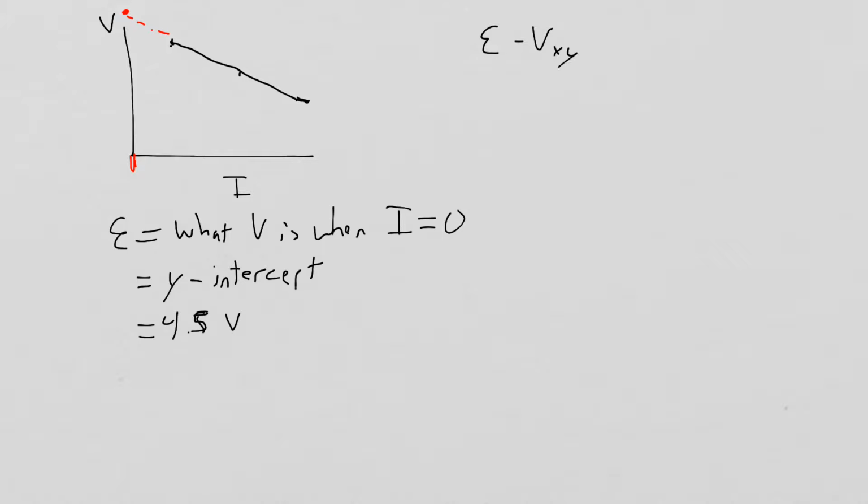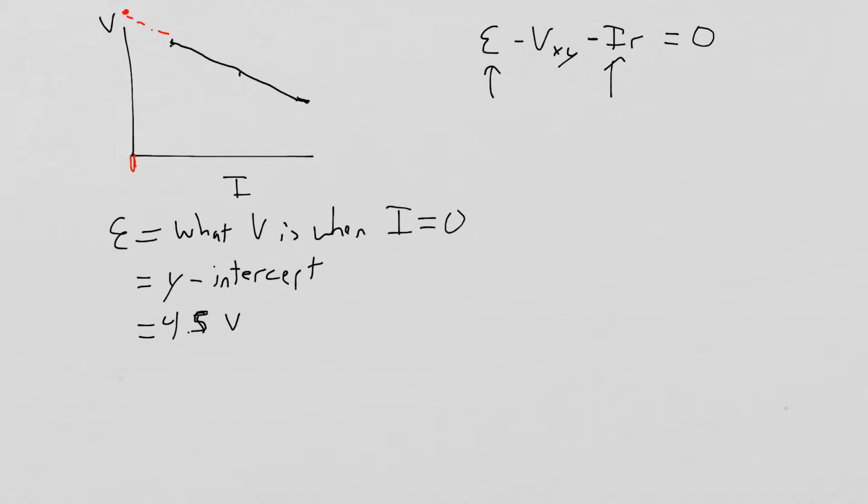Y equals r times I, right, plus Vxy. Okay. Now I flipped a sign, so I've got to get these all the other way.